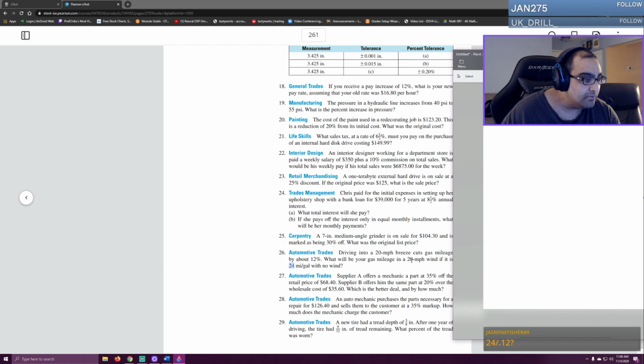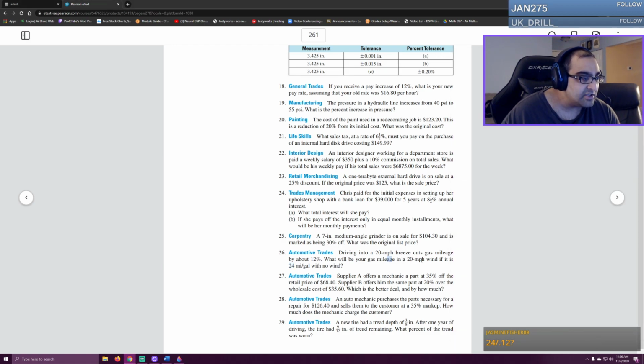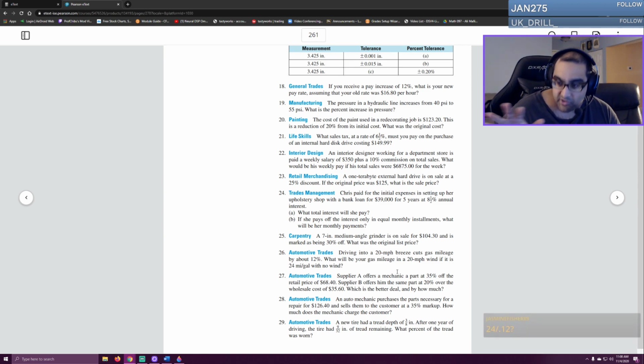So what will our gas mileage be in a 20-mile-per-hour wind if we have no wind and 24 miles? What we do know is that we should have less gas mileage after the 12% cut. So we have 24 miles here.